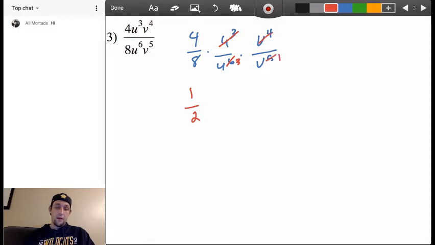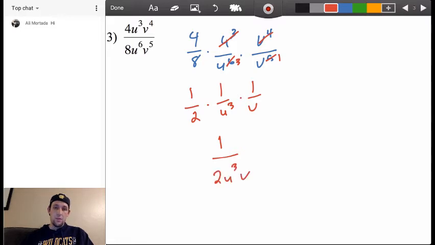Biggest thing though is in all of those numerators, there's ones left. So if we were doing this within the context of that original fraction, it ends up just being 1 over 2u to the third v. Again, you don't have to write it this way.